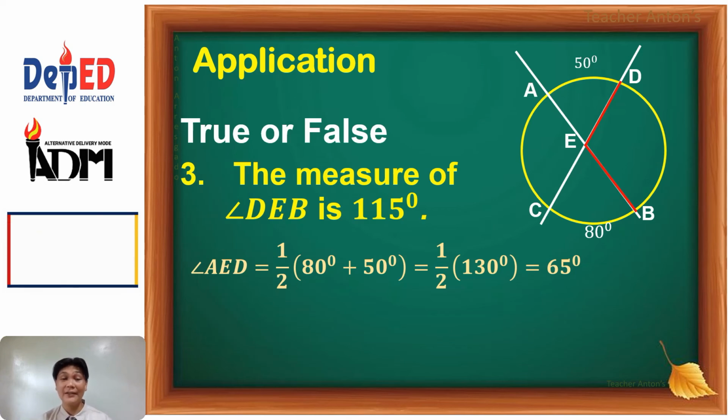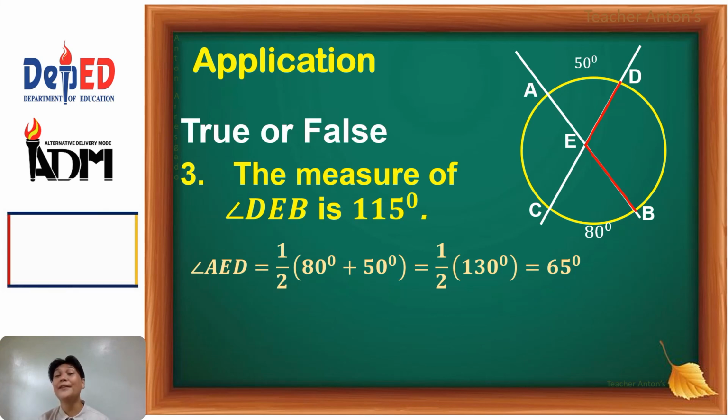So solving for the angle AED is equal to 1/2 the sum of the intercepted arcs 80 degrees and 50 degrees. So it's 130 degrees. 1/2 of that is 65 degrees. Now we have solved angle AED. Take note that angle AEB is a straight angle, meaning to say 180 degrees.